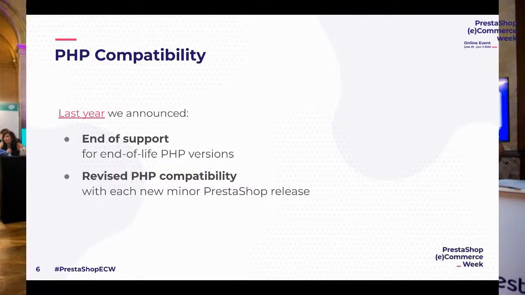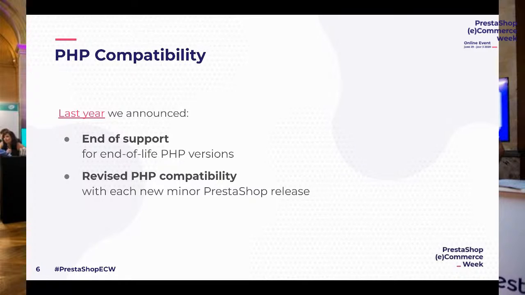As we announced last year, we were going to end support for end-of-life PHP versions, most notably the 5.x branch of PHP, and we were going to be revising this PHP compatibility with every minor PrestaShop release to be compatible with the latest release version of PHP.